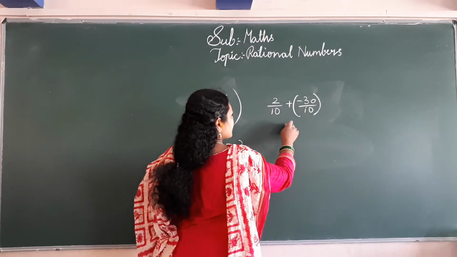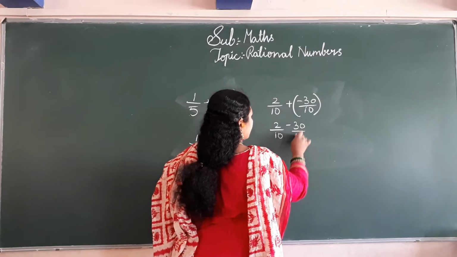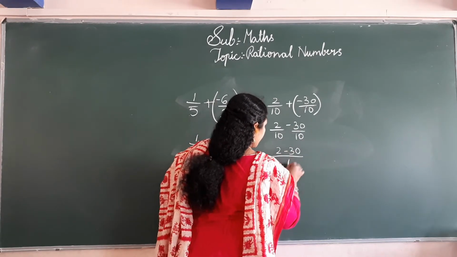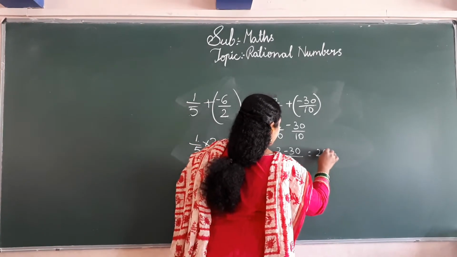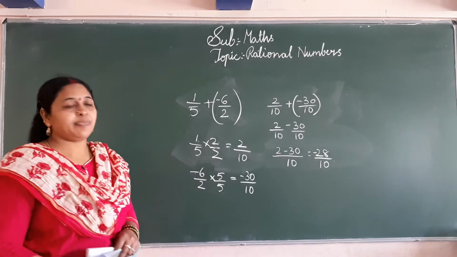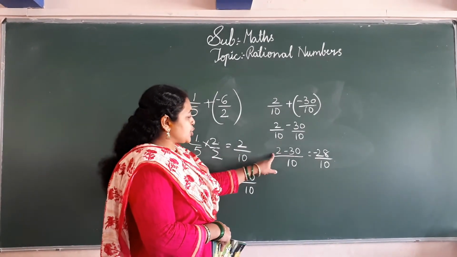Plus into minus is minus. Take 30 minus 2, 28.